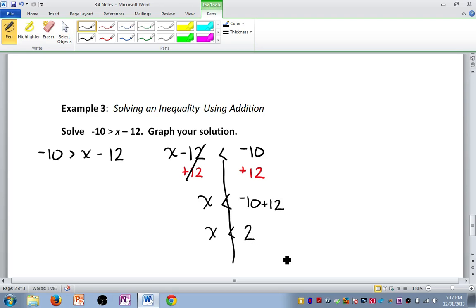When I graph that, I can say that my solution is x is less than 2. So I want to graph that. I'm just going to put 2 in the middle.